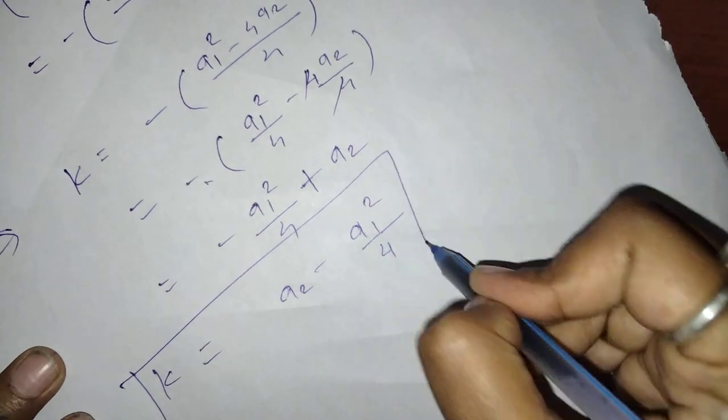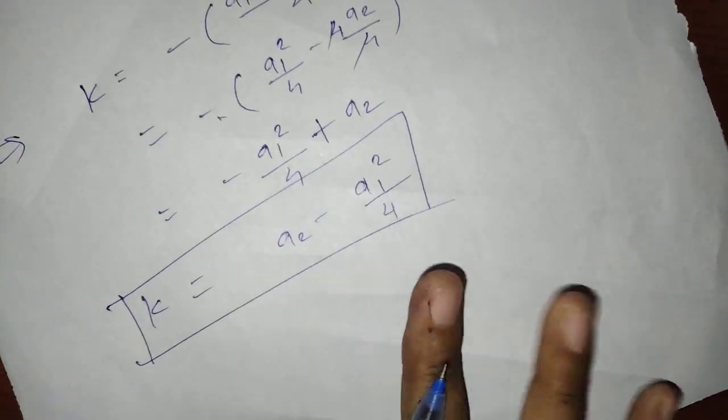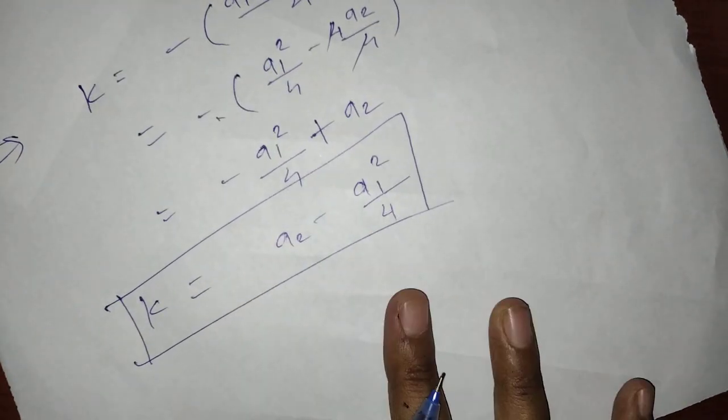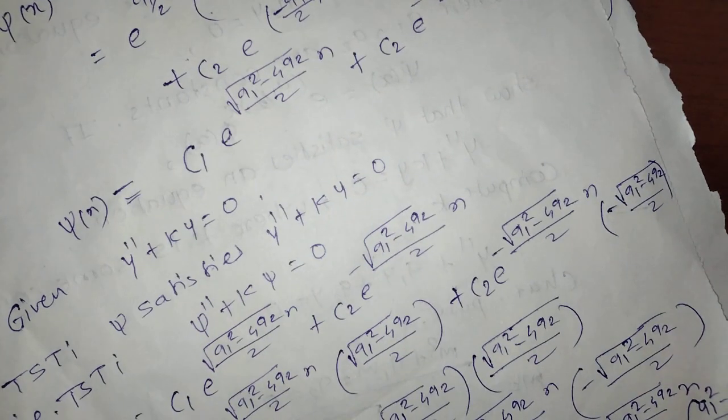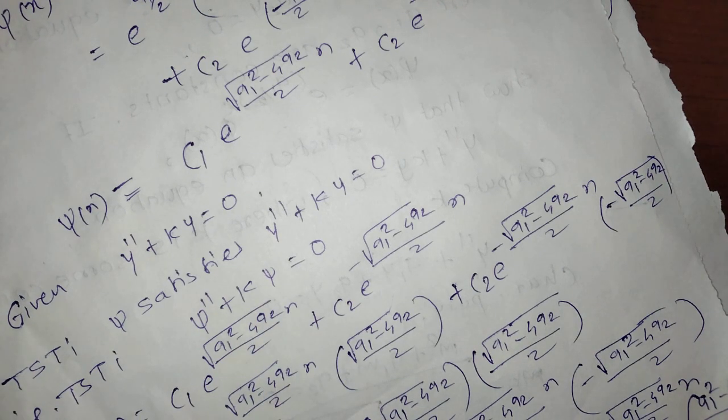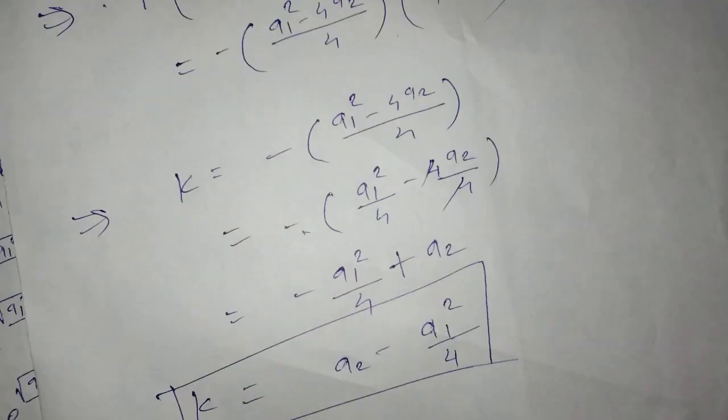So the value of k is equal to this. When the value of k is equal to this, then you can show that psi satisfies the equation. Okay, so here we stop.